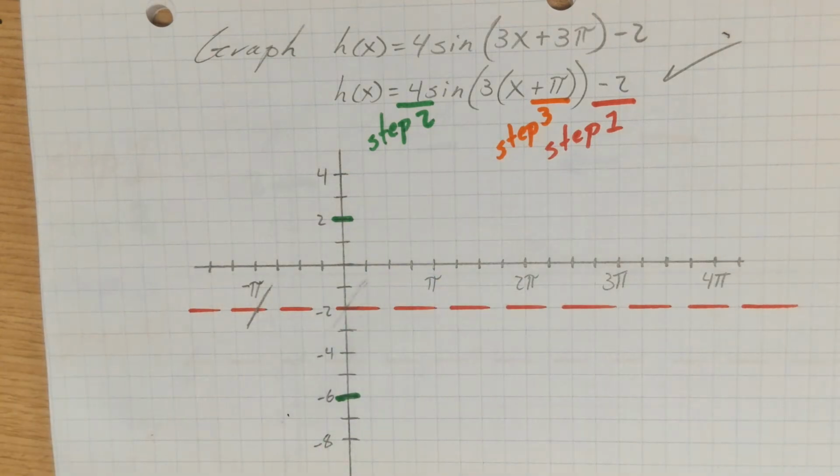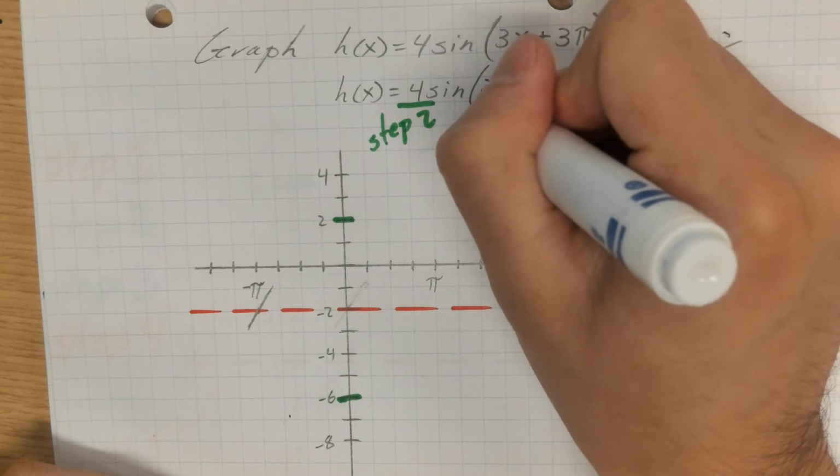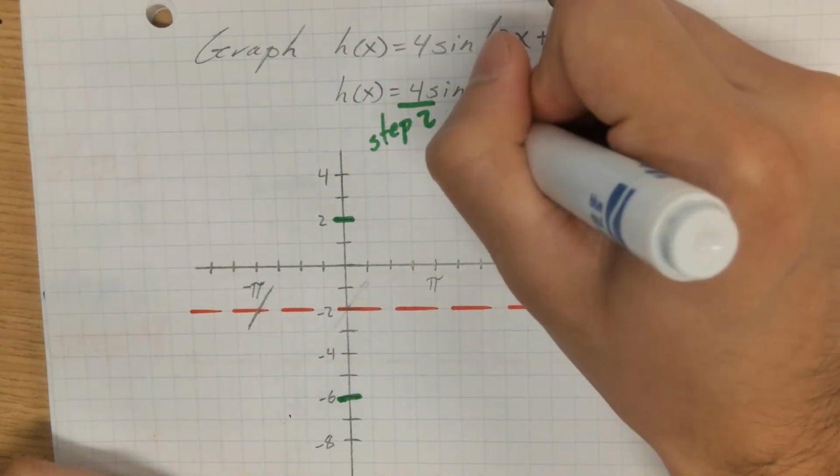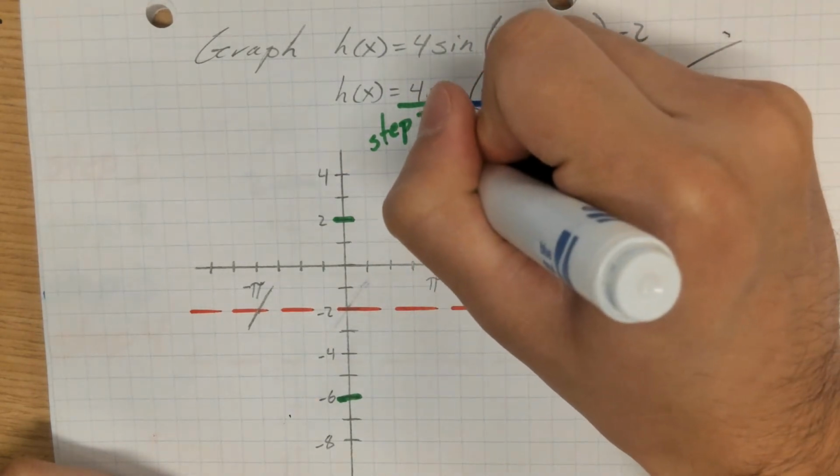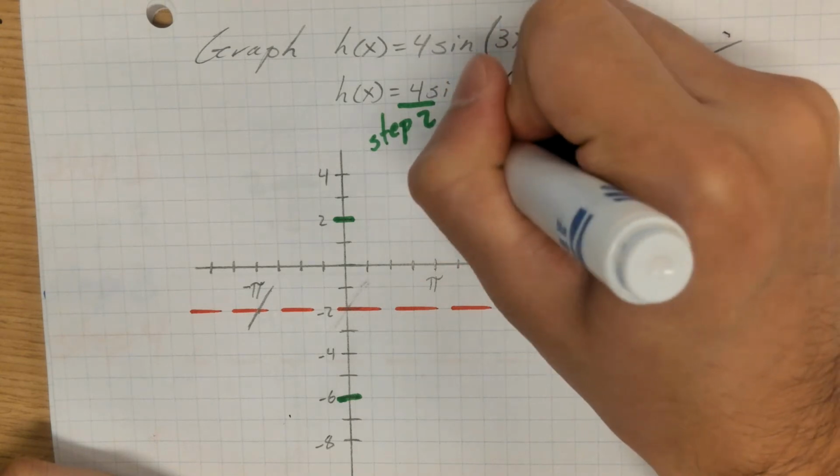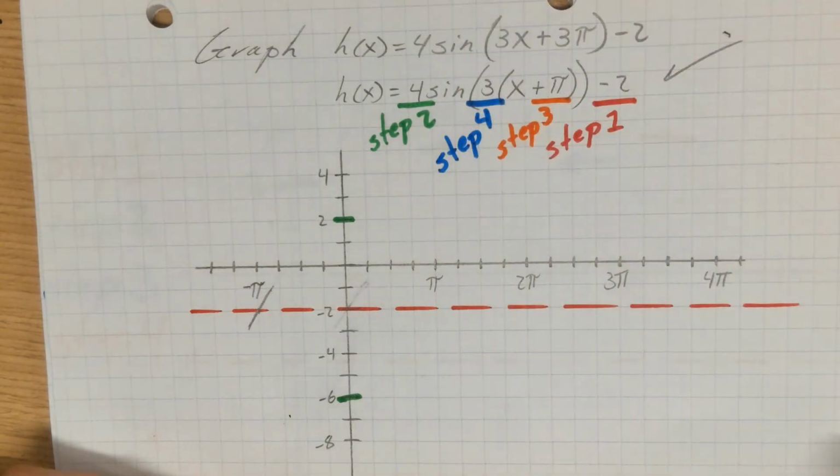You may be thinking, well, that's a weird step, like we just did a little marking, but let's keep going. The next step is now going to be my k value. Remember, this is k, and k helps us find our period.